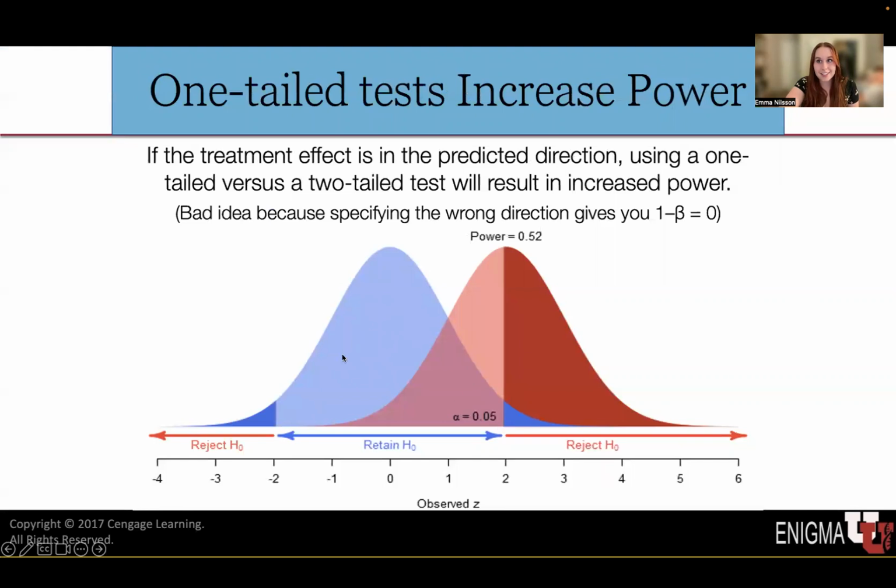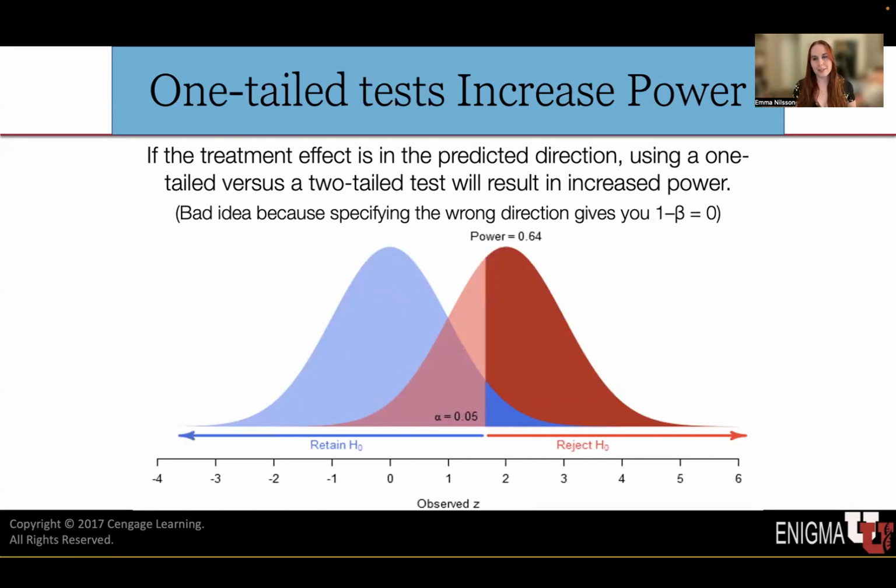If you hypothesize that you're going to have a positive effect, and so you put your tail on that side, but it turns out that you actually have a negative effect, your power is actually going to be 0 because there's no way to essentially reject the null hypothesis, because you don't have any data pointing that direction.